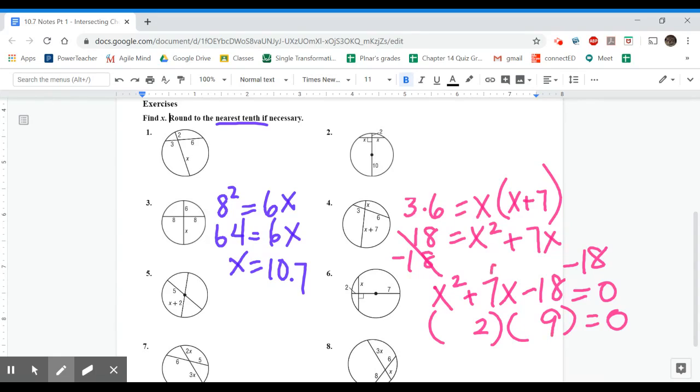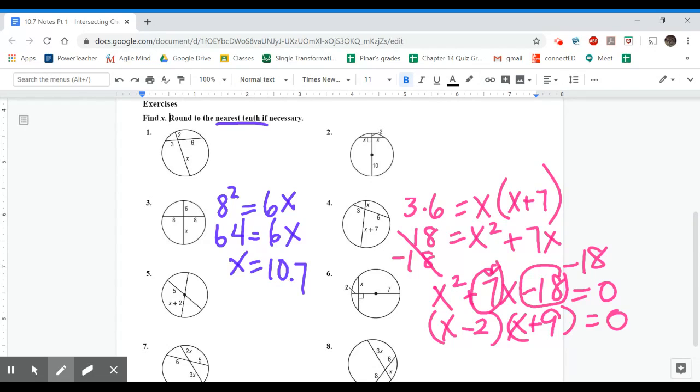Since our sum is 7, the 9 needs to be positive, and the 2 is negative. So we have x minus 2, x plus 9. Again, negative 2 times positive 9 gives us the negative 18, and negative 2 plus positive 9 gives us the positive 7. Okay, if you have any questions on how to do quadratics, please contact me.